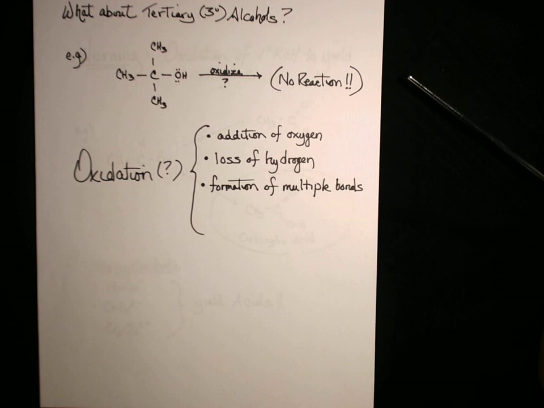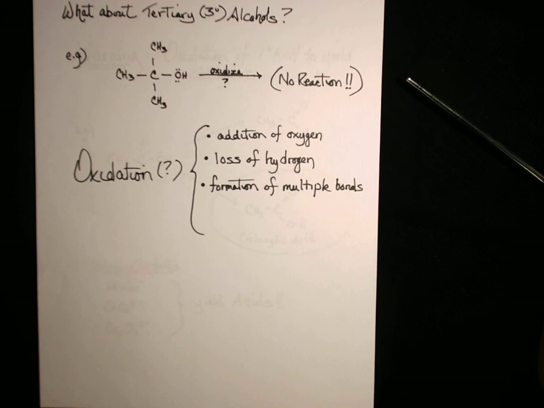Now, when you had general chemistry, you were told that oxidation was the increase in oxidation number of an atom resulting from the loss of electrons. Well, that's really nice, but that doesn't exactly explain for us how an alcohol can go to an aldehyde or ketone.